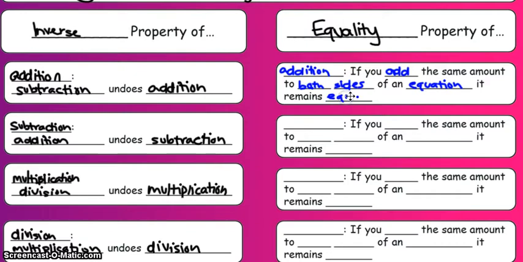So when you add something to one side, you want it to remain equal. If I have 3 equals 3, and I add 2 to this side, in order to keep it the same, I have to add 2 to this side. Then we have the equality property of subtraction.